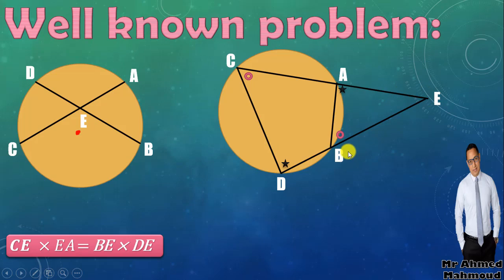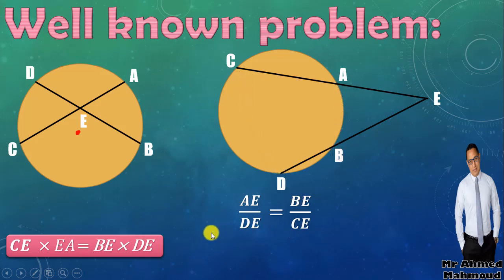Again, EBA is similar to triangle ECD, and from the similarity we get that AE over DE equals BE over CE. You can write the similarity and conclude this one from it. By cross multiplication, AE times CE equals BE times DE like this.